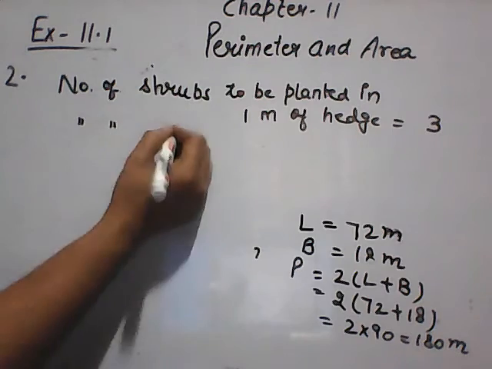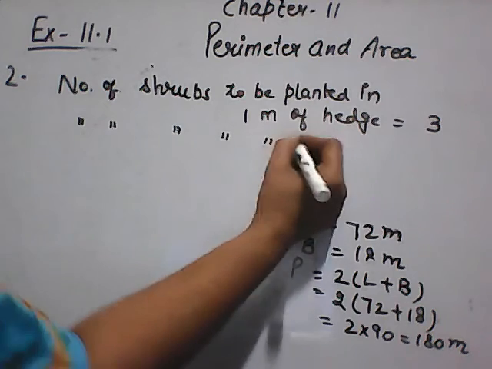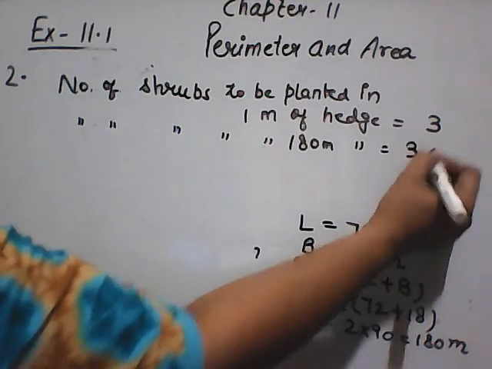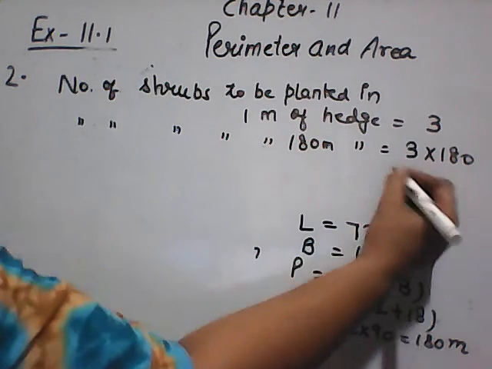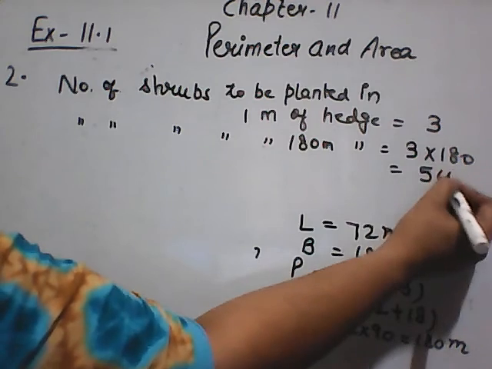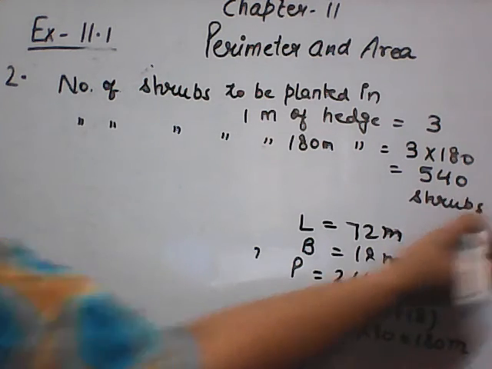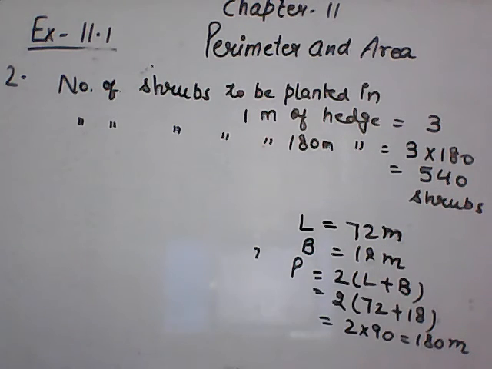Then number of shrubs to be planted in 180 meter of hedge will be 3 multiplied by 180, which is equal to 540 shrubs. In this way you can plant 540 shrubs around all the boundary of the rectangular lawn.